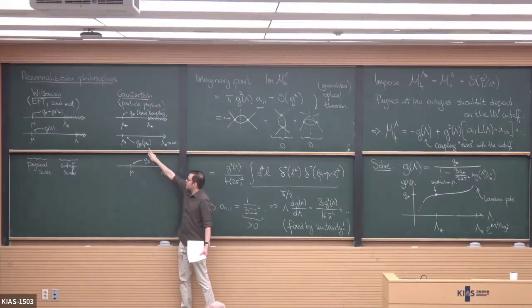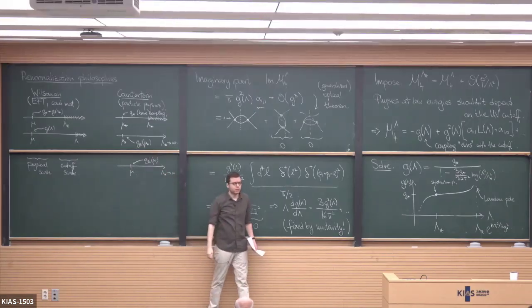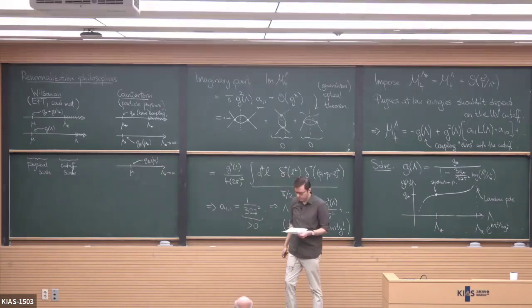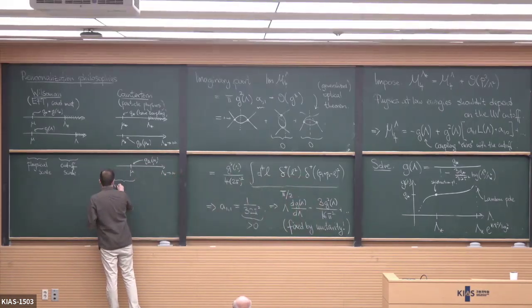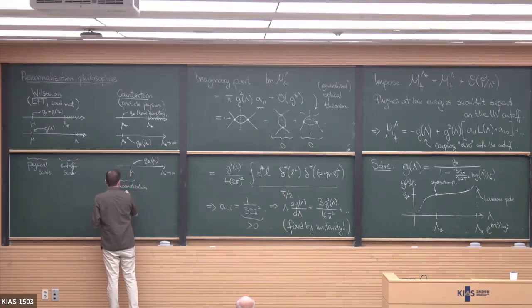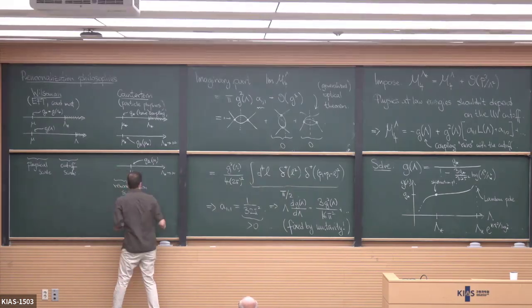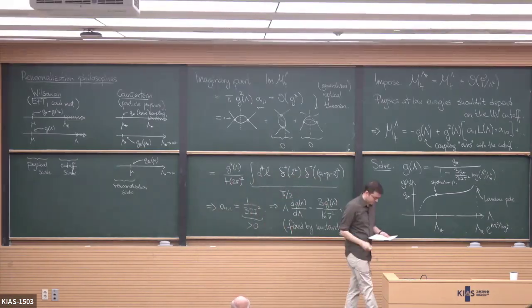The only difference is that the running is now with the RG scale, not with the cutoff, like in the Wilsonian approach. So to make that concrete, let me call this the renormalization scale, or physical scale. And then the cutoff is no longer relevant because it's always removed.